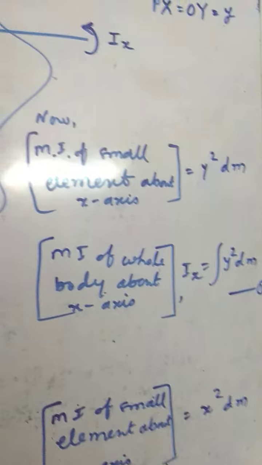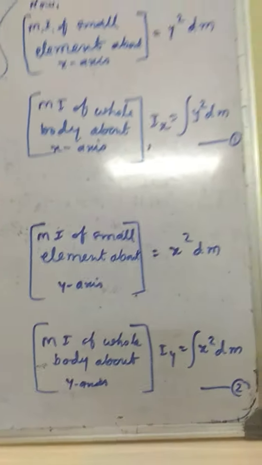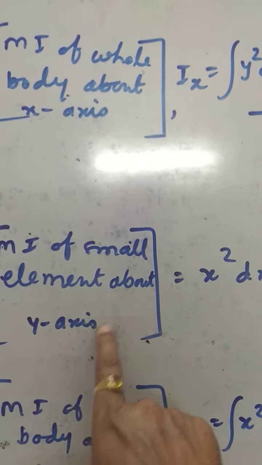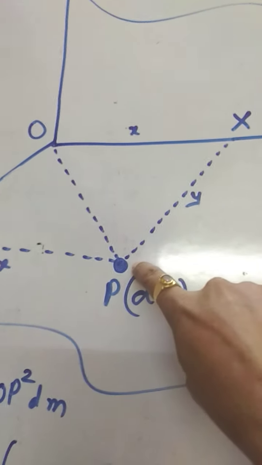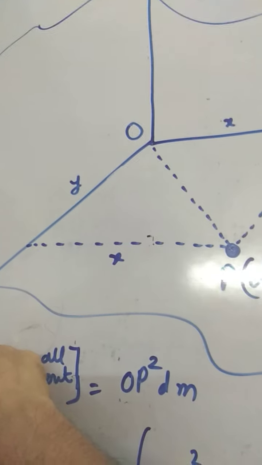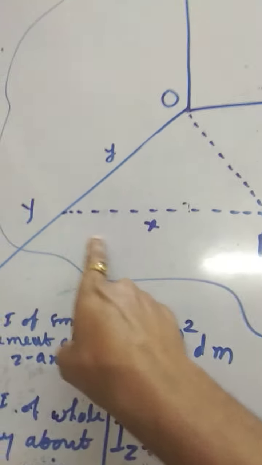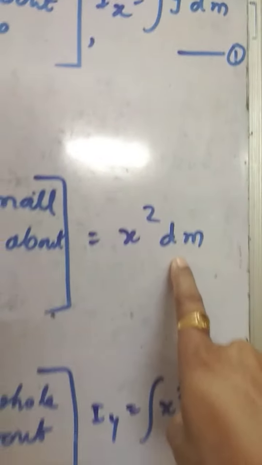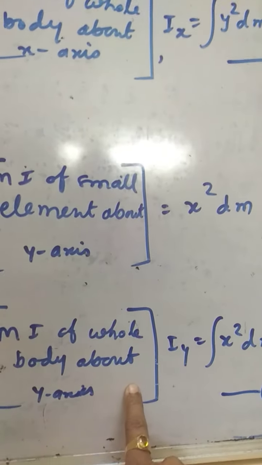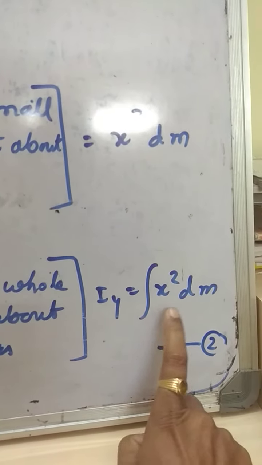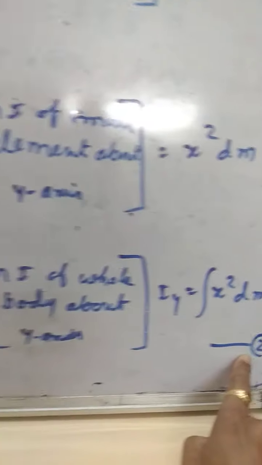Similarly, moment of inertia of a small element about y-axis is equal to x square into dm. So for this small element, when the lamina is rotating about y-axis, that time this small distance is considered. So therefore moment of inertia of whole body about y-axis is Iy is equal to integration of x square into dm, equation number 2.